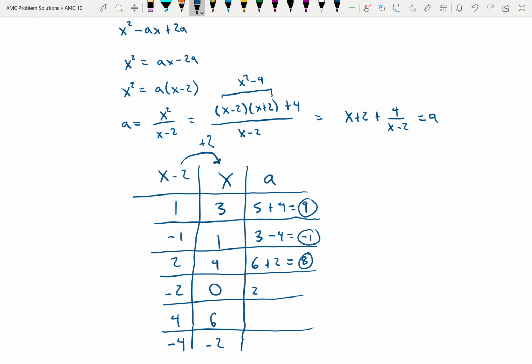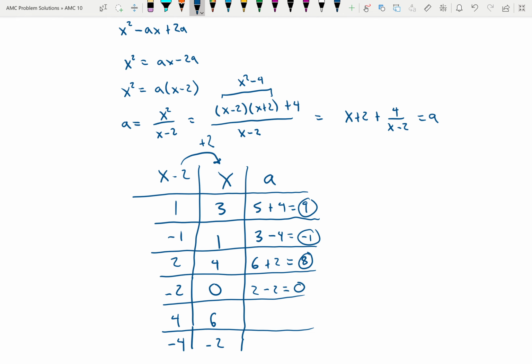When we plug in 0, that'll be 2 plus 4 over -2, which is -2.